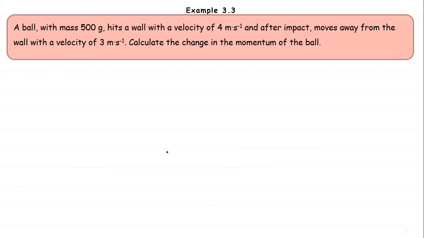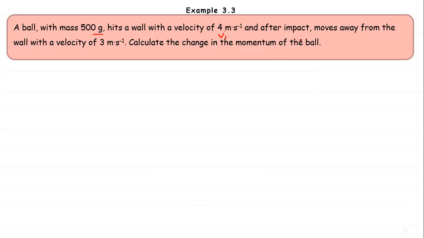Now, let us look at this particular example. I have a ball with a mass of 500 grams, which hits a wall with a velocity of 4 meters per second. So this is the velocity that it was traveling with initially. So this value represents the initial velocity.